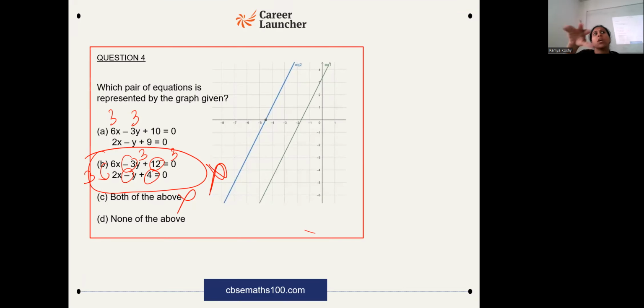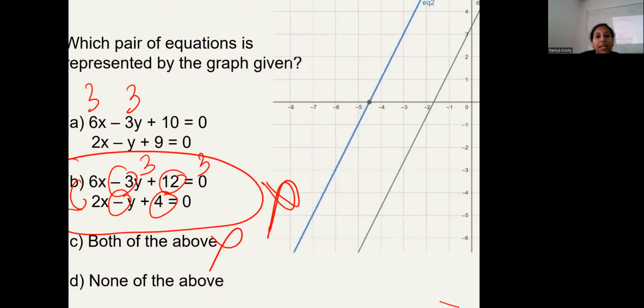But how can we be sure that this is the only equation of the graph which is asked? They are parallel lines, fine. But how can we be sure that this is the equation of the graph? For that, you substitute some value. For example, you put y equals 0 in both the lines.